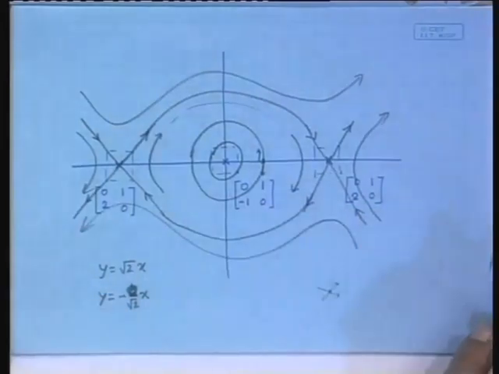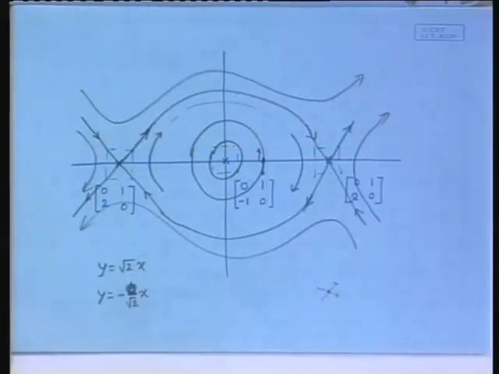So, see, starting from only the view of the local linear neighborhoods, without really solving any equation, it was possible to infer things of interest about the overall character of the vector field.